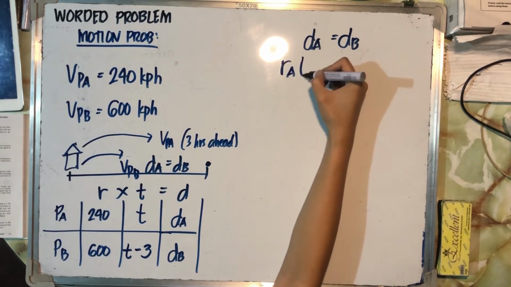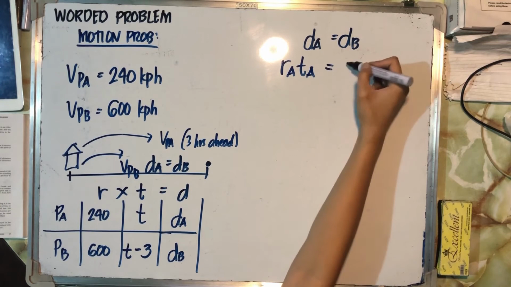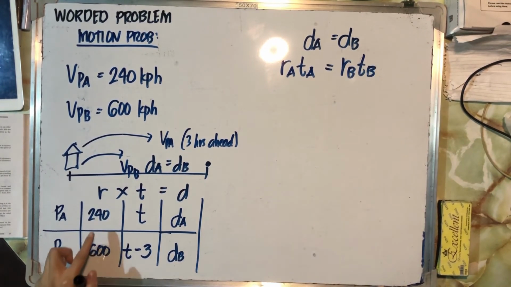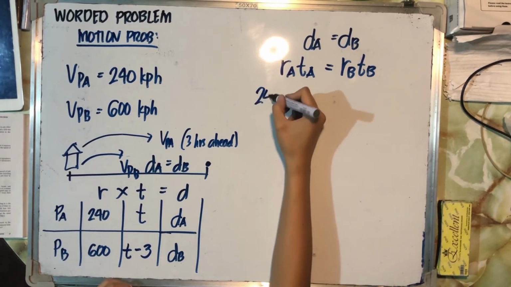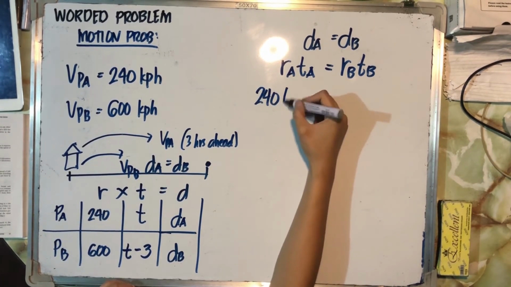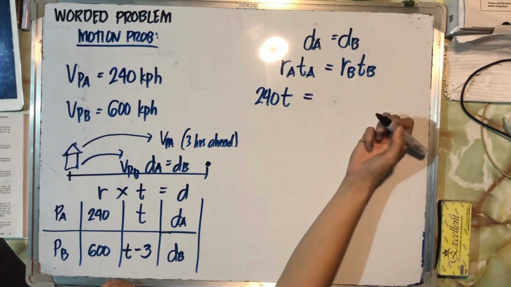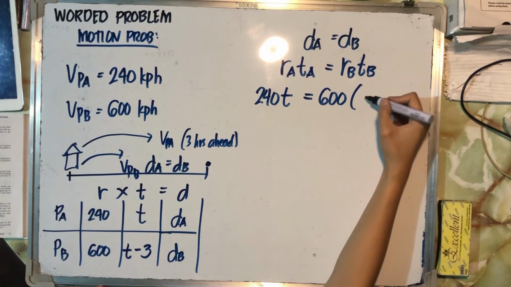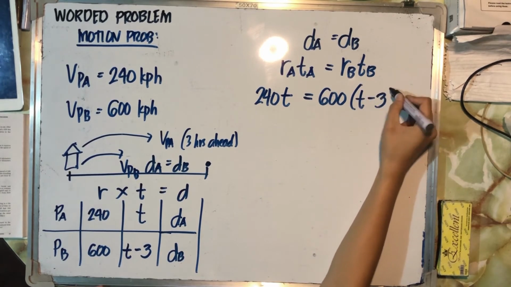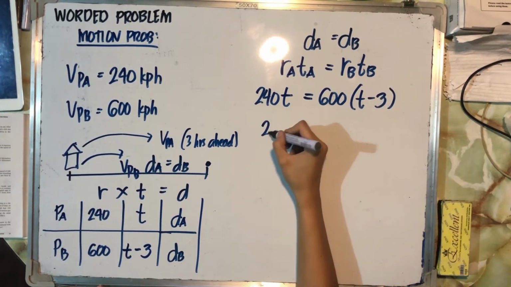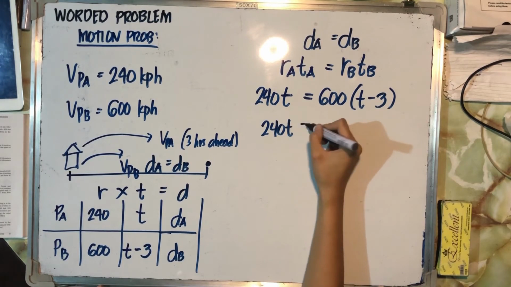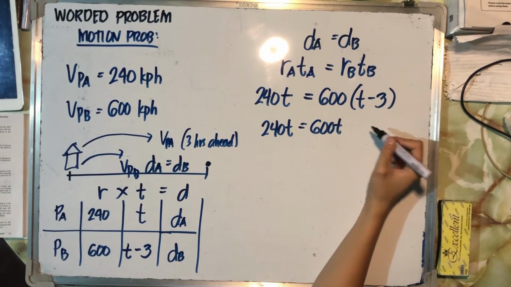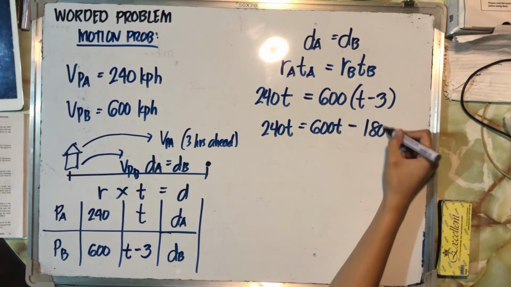Rate of A times the time of A, rate of B times the time of B. Rate of A is 240. Time of A is T. That is equal to rate of B, which is 600. Time of B is T minus 3. So that would be 240T equals 600T minus 1,800.